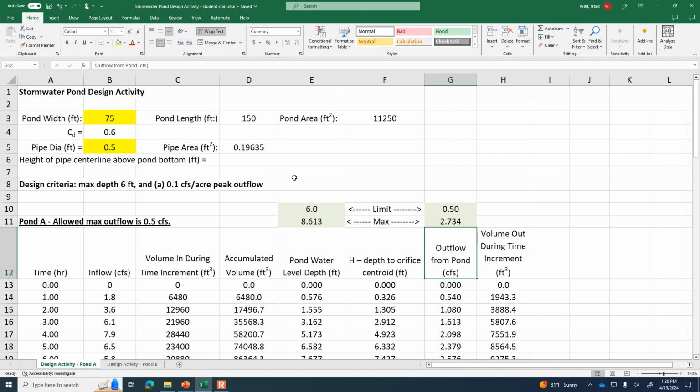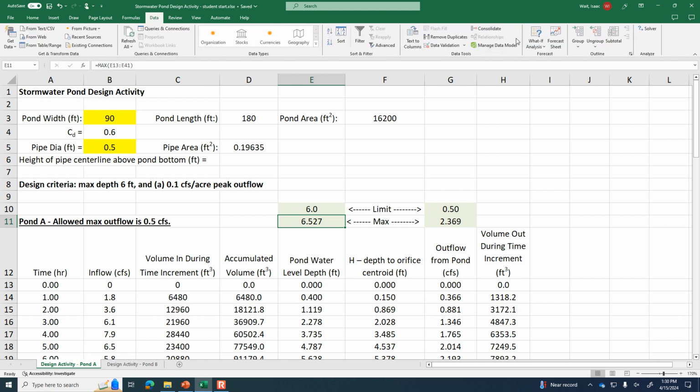Okay, so we can do a goal seek. That's maybe the fastest way to do things instead of bringing it up by 5-foot increments, 80, 85, 90. Let's do a goal seek where we want to change the pond width. That will be the thing that it has control over. And the goal is for this cell, E11, to be 6.